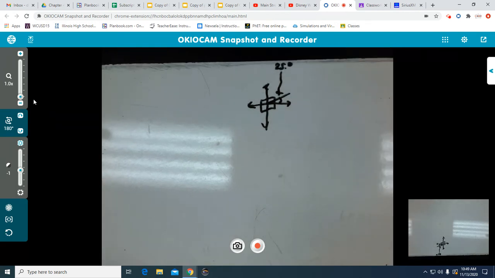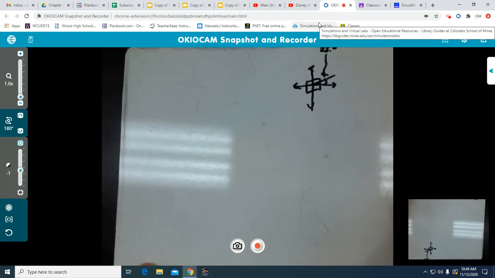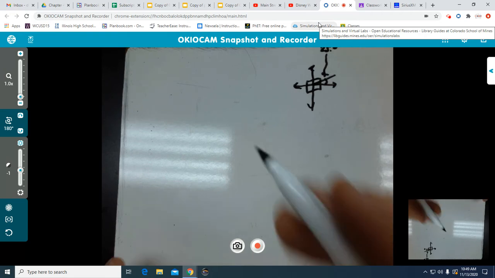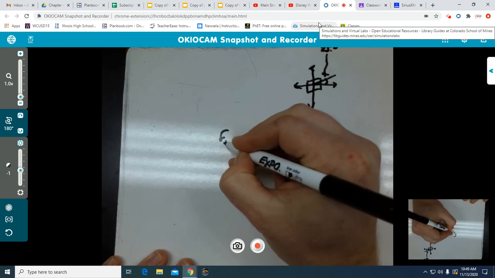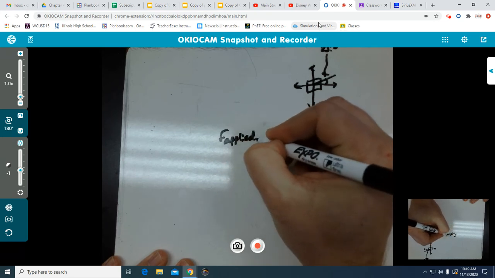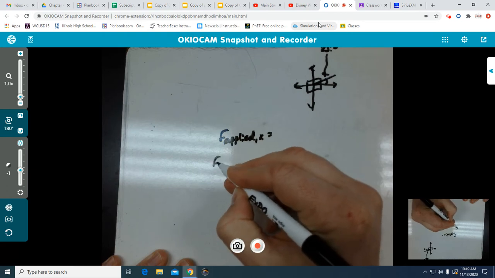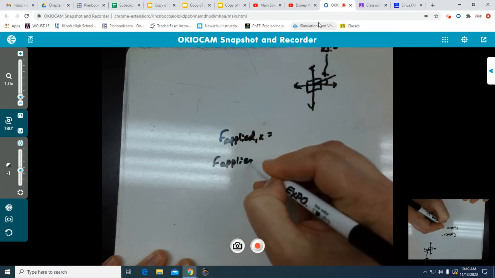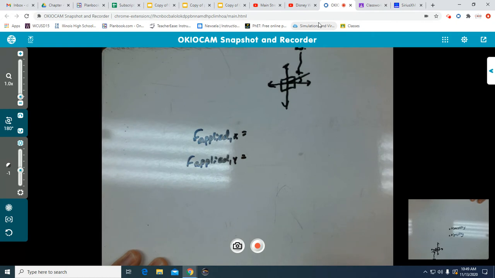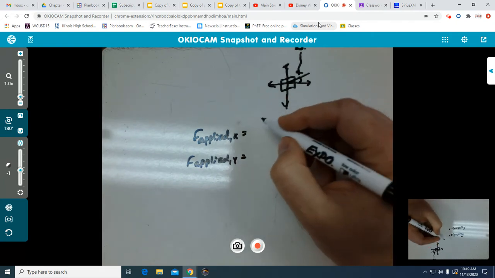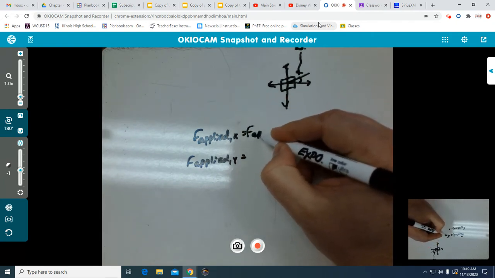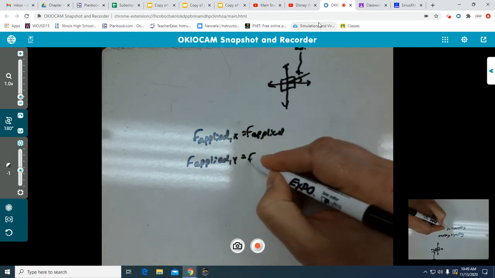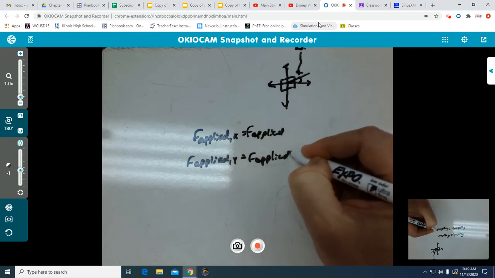First we need to figure out the forces that are going to be applied in the X and Y direction. I'm following the steps that were in our practice. So we've got the F applied in the X, and we have the F applied in the Y.